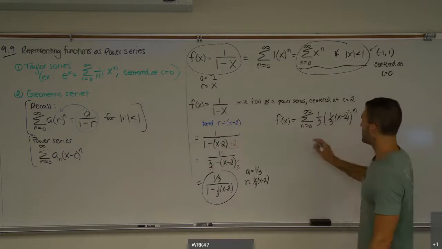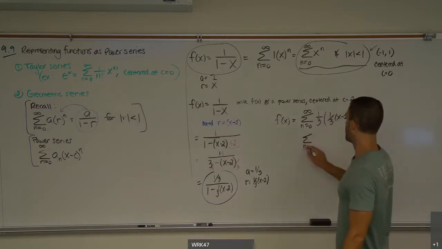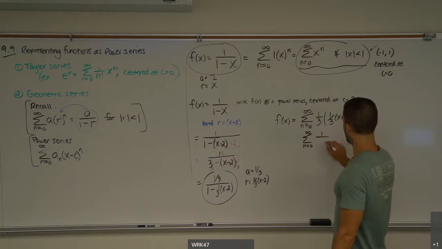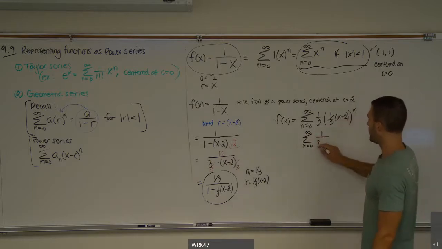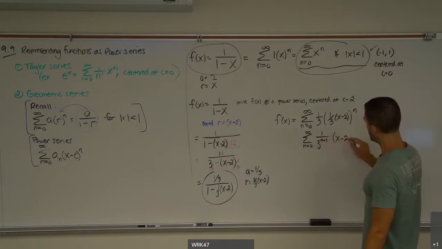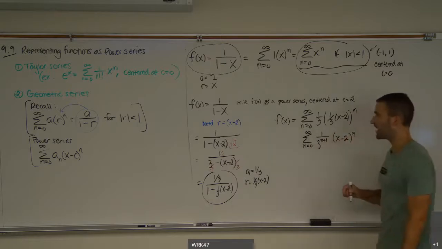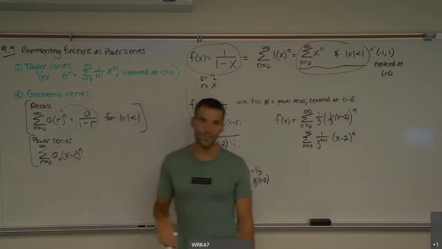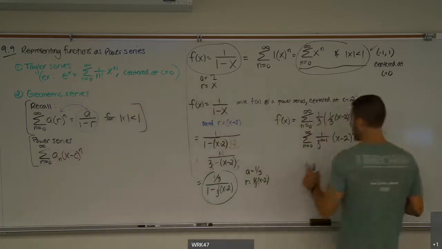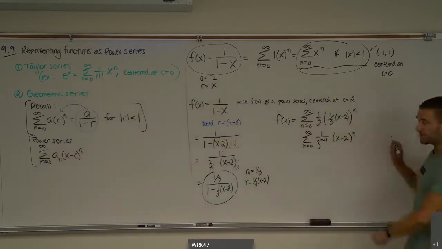But in doing so, you need to raise it to the nth power. 1 to the nth doesn't do anything, 3 to the nth we have, and then another 3 gives me 3 to the n plus 1, times x minus 2 to the n. And so now you see how we can get a variable term out front based on what my r value is. It has a constant in front, which then gives me some sort of variable term in front as well.